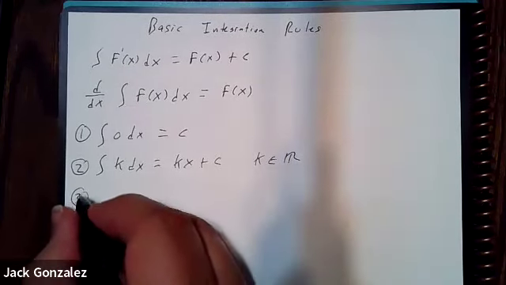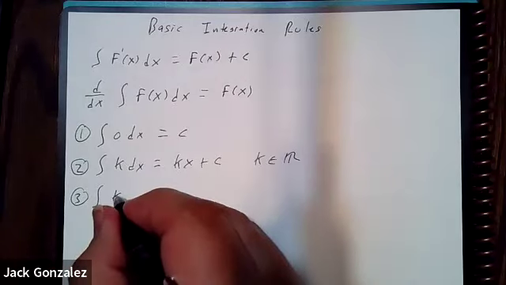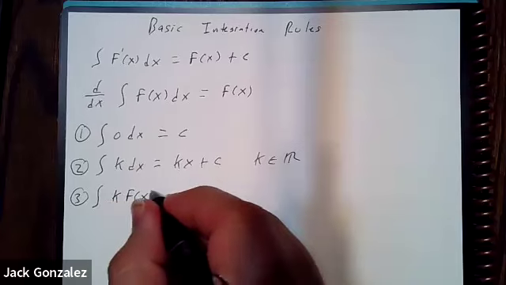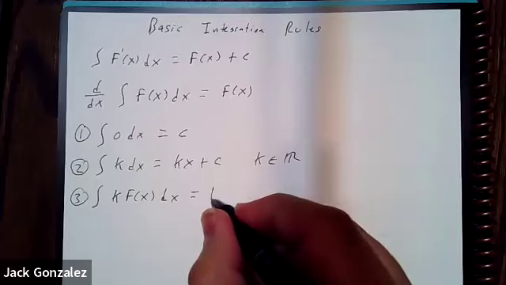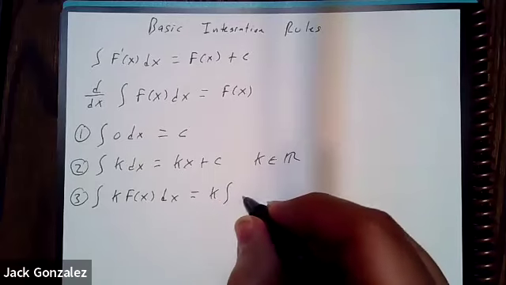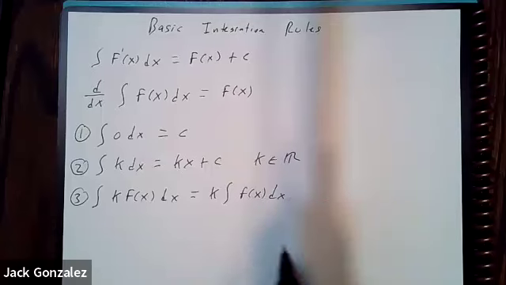Number 3, integral of k times f of x dx is equal to k times the integral of f of x. So you can pull out constants and deal with them later.